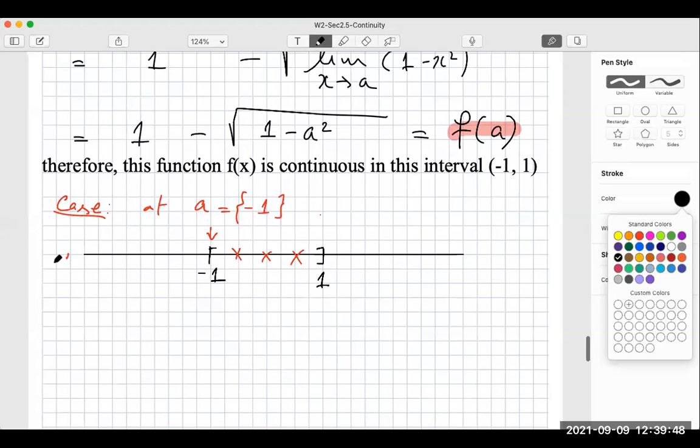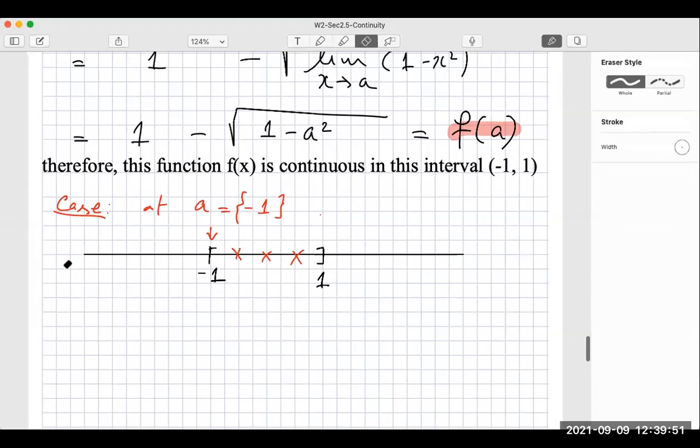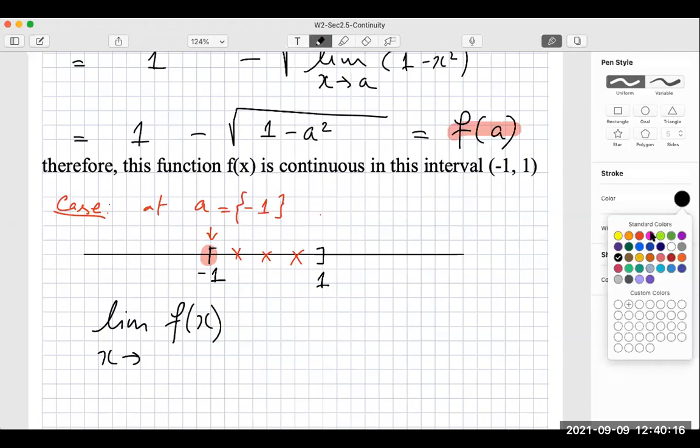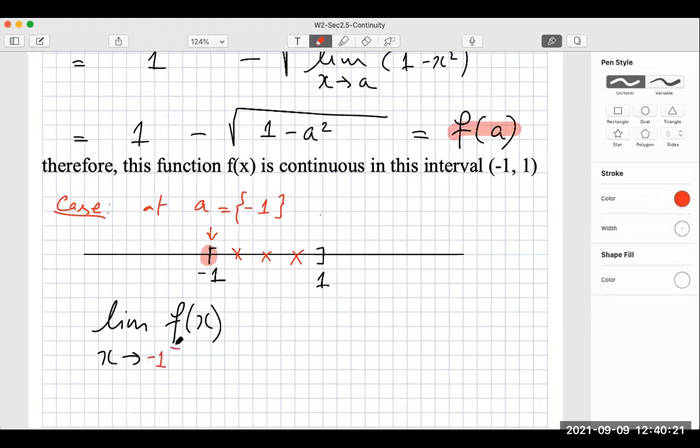So in this case, should we consider the right-hand limit or the left-hand limit? Left. Left? Any other idea? Right. Why? Because we're considering this interval, right? And the point -1 here is defined when x is on the right side of -1 only. That is why we consider the right-hand limit of this. Okay?